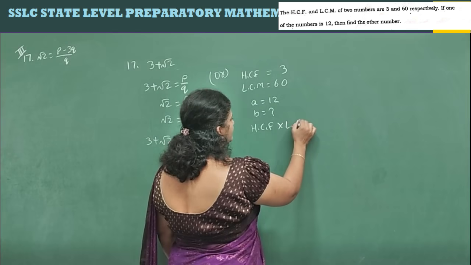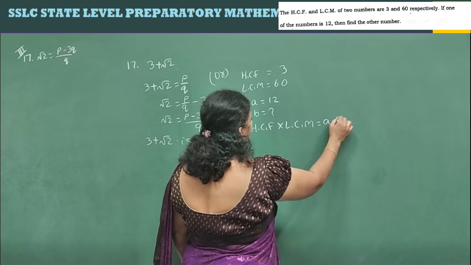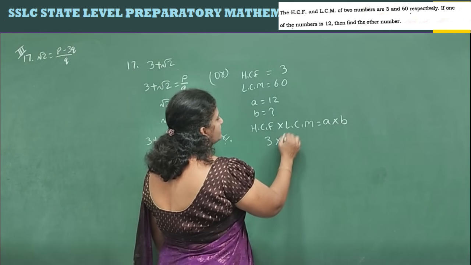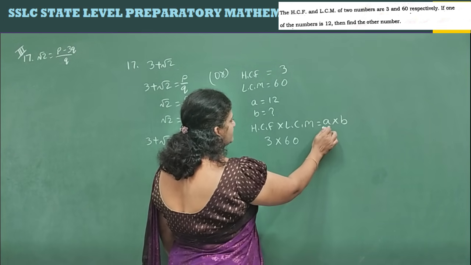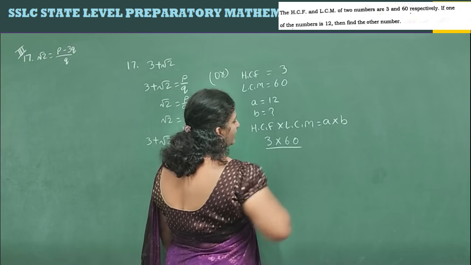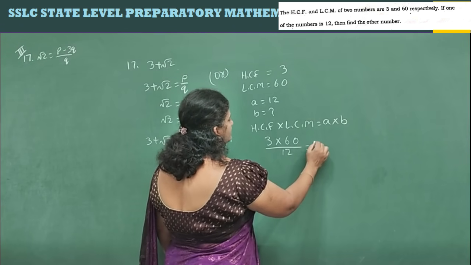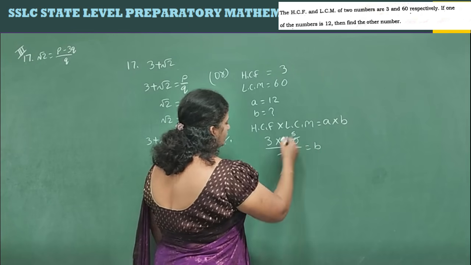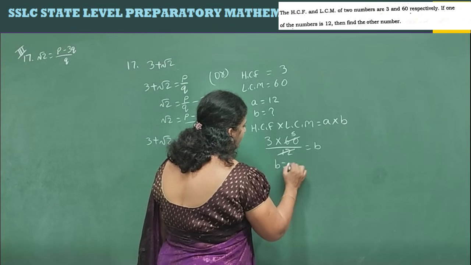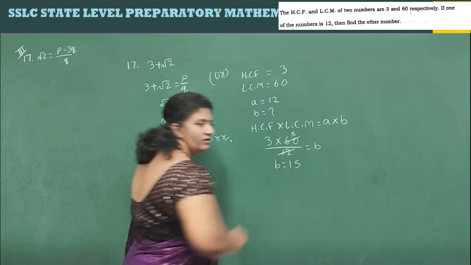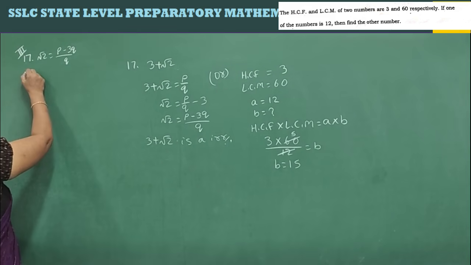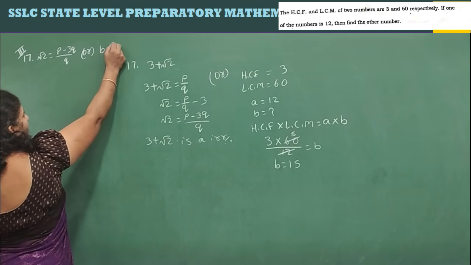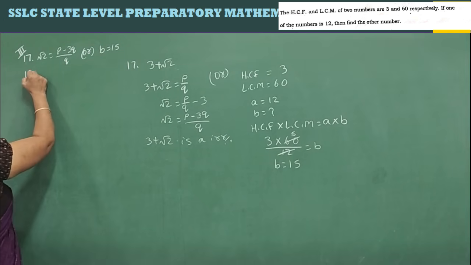HCF into LCM is equal to the product of the numbers, A into B. HCF 3, LCM 60, and this A transposed to the other side, it will be divided by 12, is equal to B. 12 5s are 60, so 5 into 3, 15. Therefore, what is the other number here? 15. Another number of the OR choice, this one, right? B value is 15.